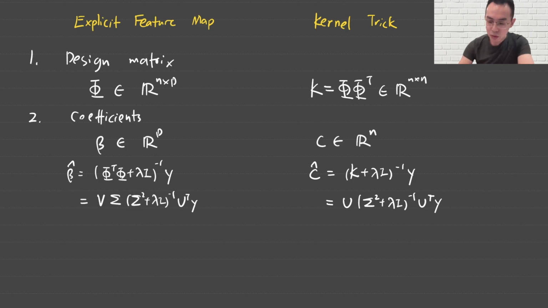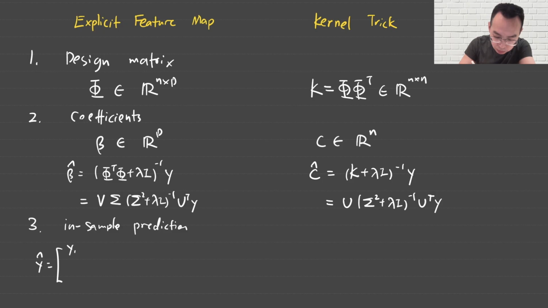Okay, so the next is the in-sample prediction. So in-sample, that means we want to predict our y hat, which is going to be an n by 1 vector, with all the evaluation points x1 to xn.